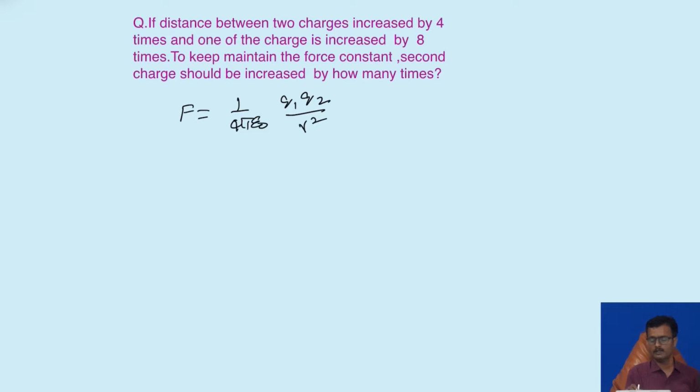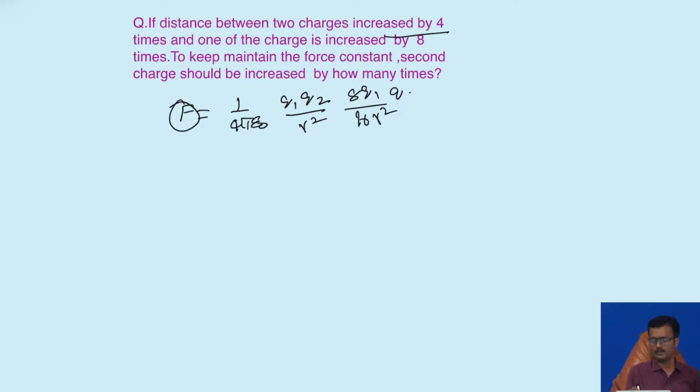See the problem. Distance is increased by 4 times, so 4 R square, that is 16 R square. Q1 is increased by 8 times, that is 8 Q1. So the force should be constant. Okay, see, 8 by 16 we got. So what is the Q2?